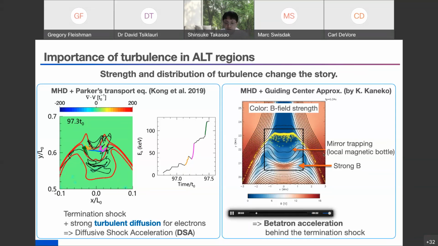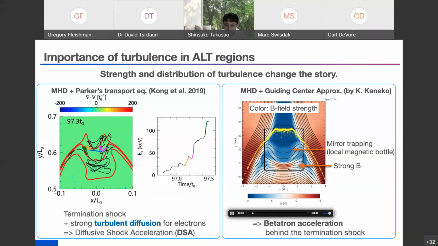The yellow points show the electrons, and these are advected by the reconnection jet and confined in this magnetic trap. In this region, most of the electrons do not get huge energy.